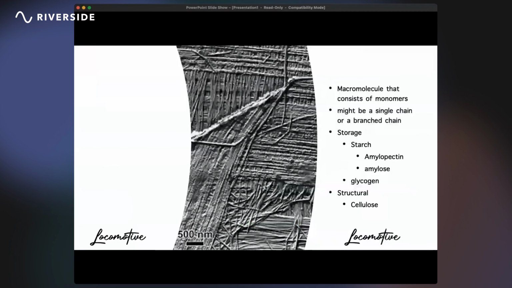Let's discuss more about polysaccharides. A polysaccharide is a macromolecule consisting of repeating units of simple sugars, usually glucose. The polysaccharides are starch, glycogen, and cellulose. They might be a single chain or a branched chain. We have two types of polysaccharides, storage and structural.